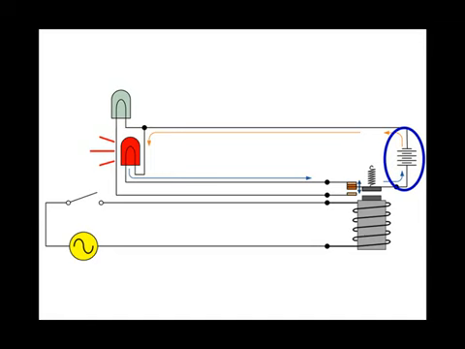The resulting magnetic field from the pole piece magnetizes a piece of magnetic material that is attached to the moving contacts, the armature. As this piece of material becomes magnetized, the two magnets are attracted to each other. The spring yields to the magnetic force, and the two magnets are drawn together.